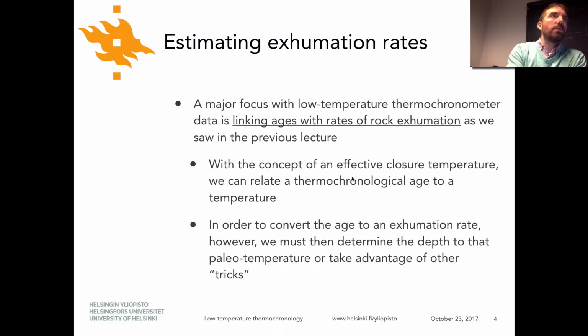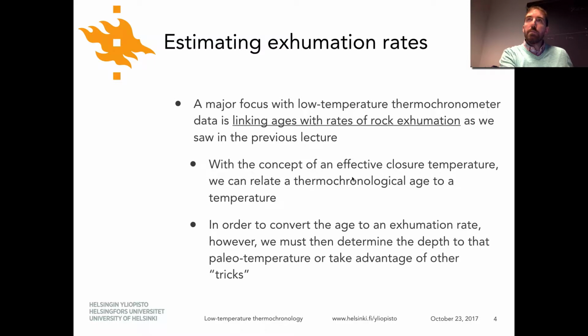So that's useful. The next step then is to take that temperature and say, okay, what depth does this temperature correspond to in the earth? Because if we want to know what the rate of exhumation is, we know the rock is at the surface. How deep do we have to go to get down to whatever temperature, 110 degrees or 250 degrees or whatever?